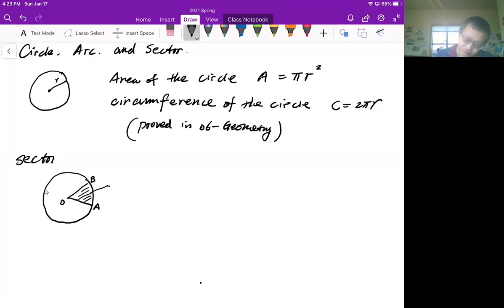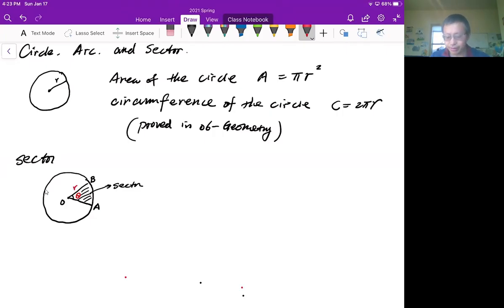The shaded region is called a sector, right? And then we can have the angle here. I'm going to use theta for this angle. Theta is the central angle, and R is the radius, okay?